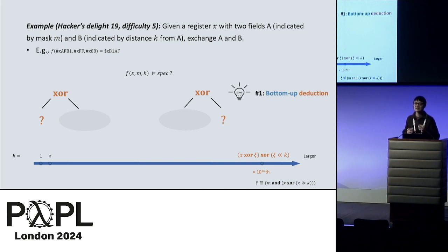If we want to have XOR as the top-level operator, what can be the left operand or what can be the right operand? When we get to a candidate, x left shift k, this is not a solution, obviously. But note that this is actually the right operand of the expected solution.